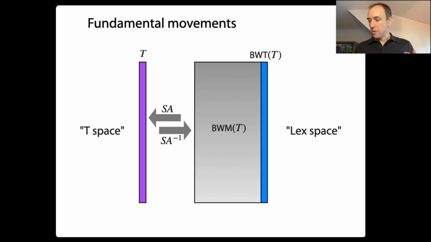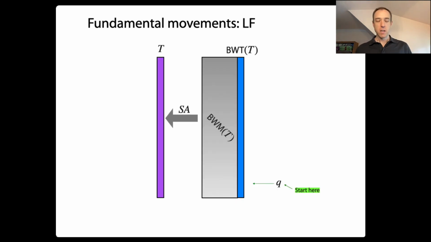In terms of movement, though, we've been talking about the LF mapping. If we have a coordinate in lex space, let's call it Q, invoking the LF mapping takes us to another coordinate in lex space, right? It takes us to another place with respect to the Burrows-Wheeler matrix.